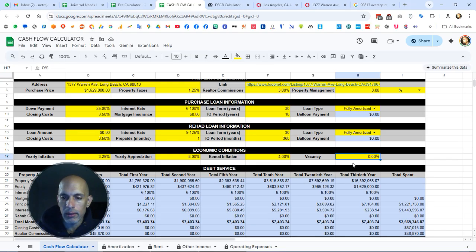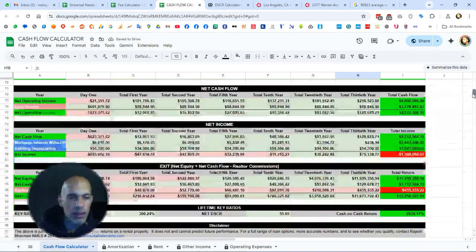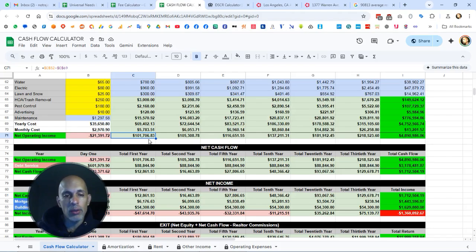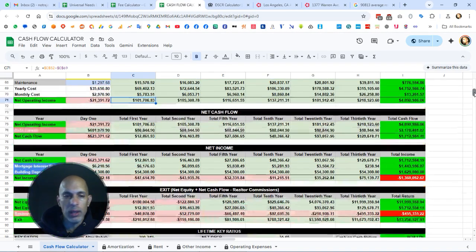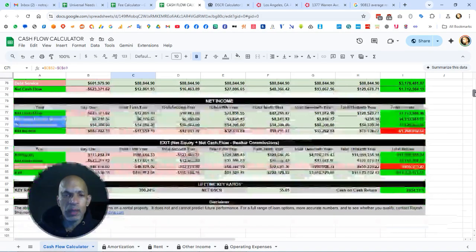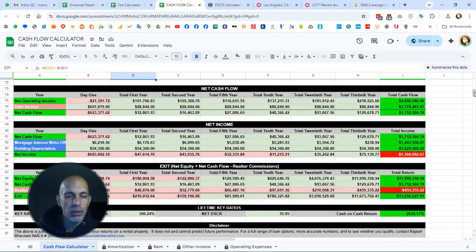In this case, we're going to anticipate an 8% vacancy, and that's going to drop our NOI down to 101,000. So we went from 114,000 NOI to 101,000. We lost 13,000 in a year of net operating income just by anticipating an 8% vacancy.